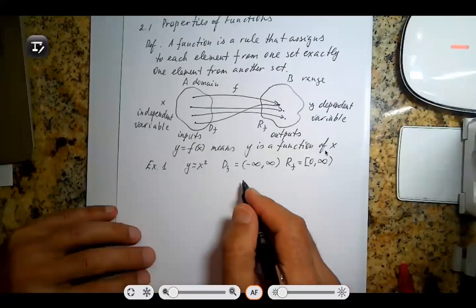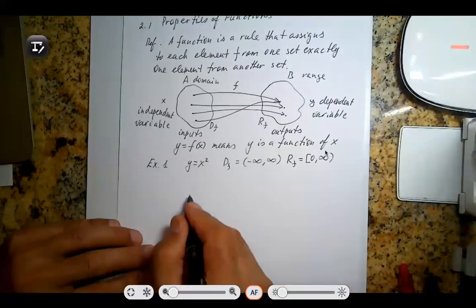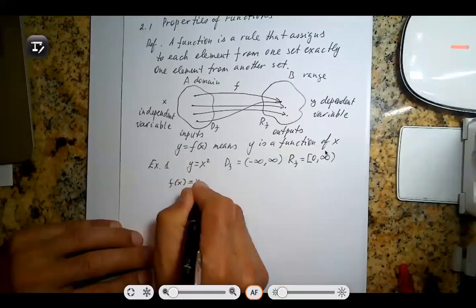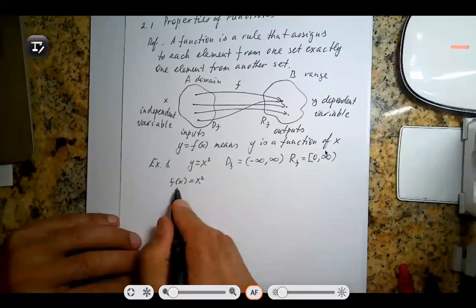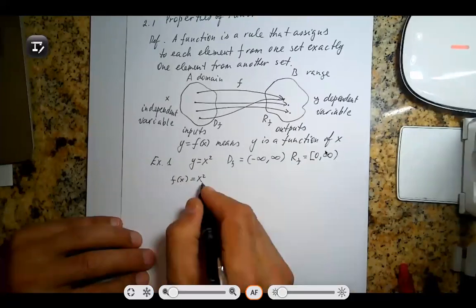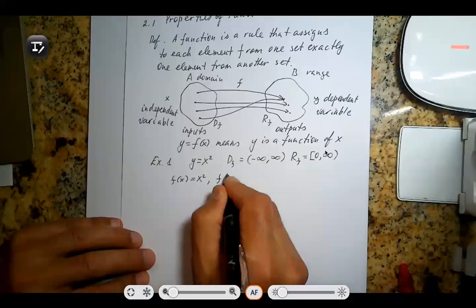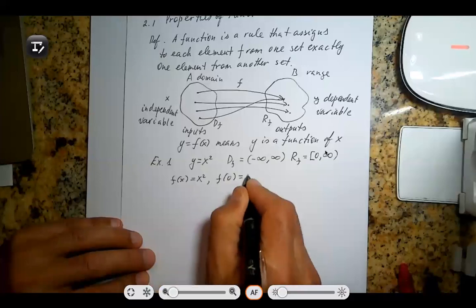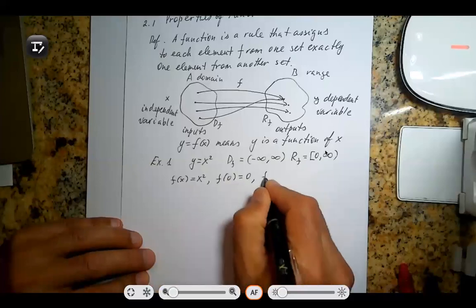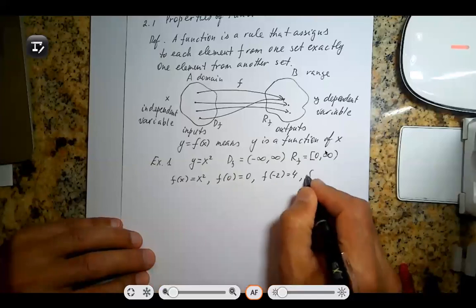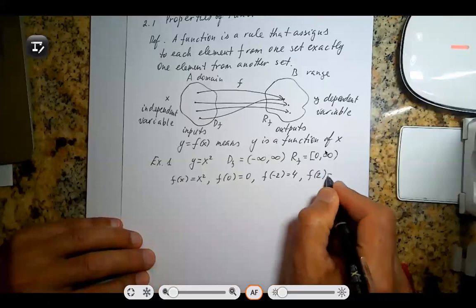So we can also use f of x equals x squared. In this notation, you can give the input. So f of 0 equals 0. F of negative 2 is 4. F of positive 2 is also 4.